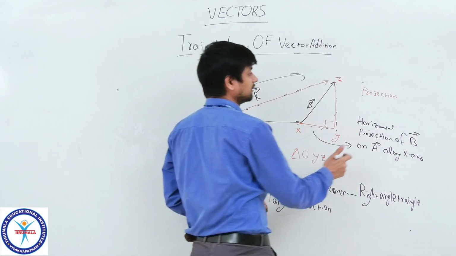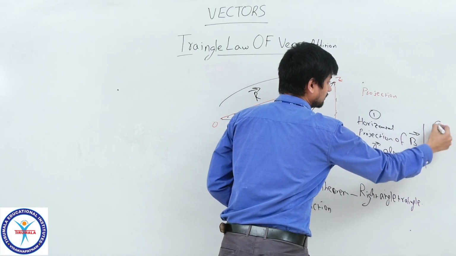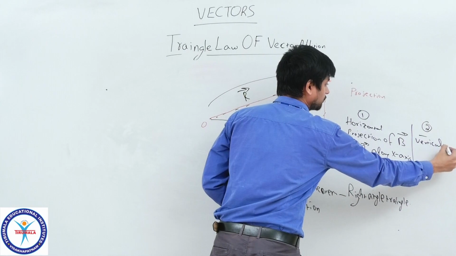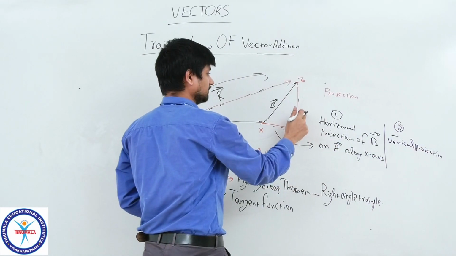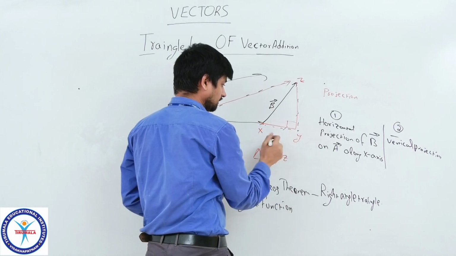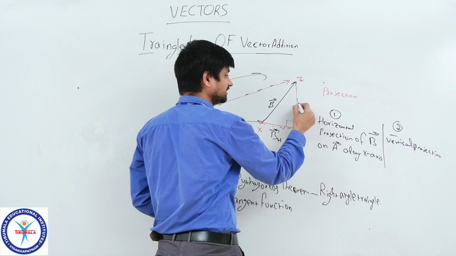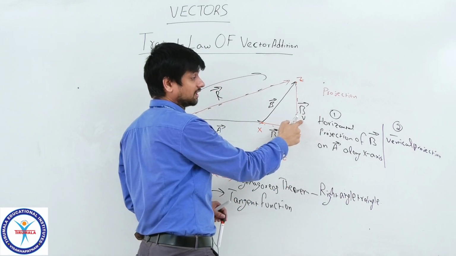This is the first one, and the next one you can see is the vertical projection. That means this is the horizontal, this is the vertical projection of B on A.